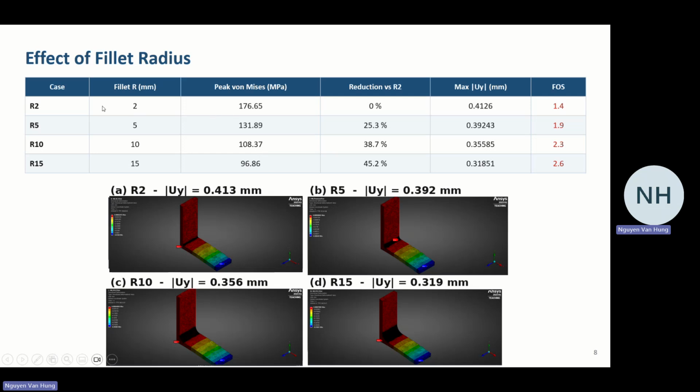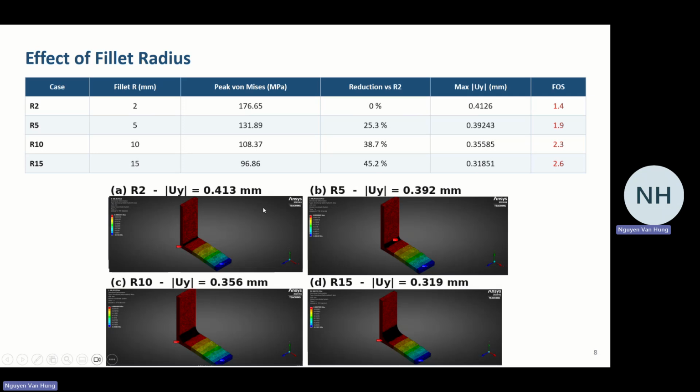Reading down the table, as the radius grows from 2 to 15 millimeters, the peak stress falls from 177 down to 97 megapascals, a 45% reduction, and the deflection also drops from 0.41 to 0.32 millimeter, and the factor of safety climbs from 1.4 to 2.6.